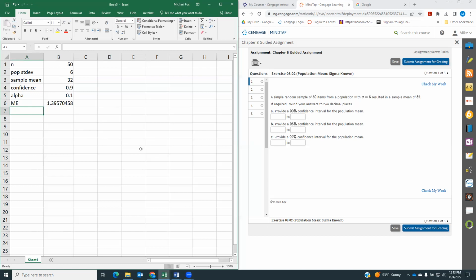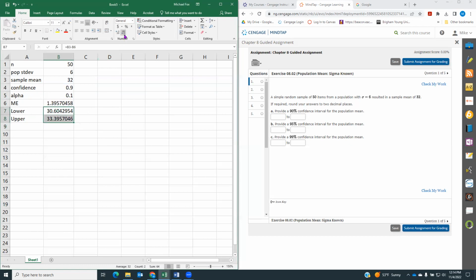That wasn't too bad. And now it's asked me to provide the interval. So I'm going to have the lower end of the interval and the upper end of the interval. And the lower end is just my sample mean minus my margin of error. And the upper end is just my sample mean plus the margin of error. That provides my interval.